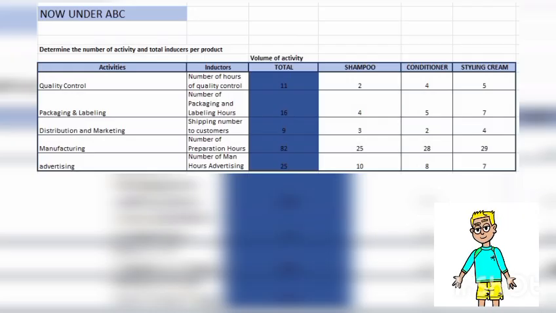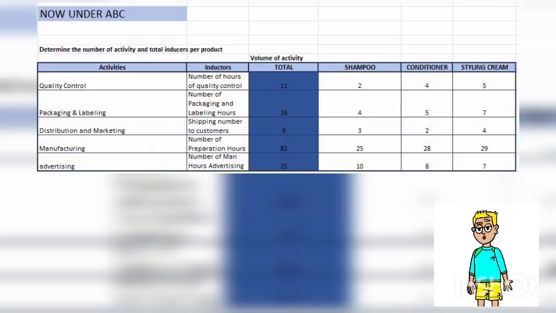Hello, my name is Johan. ABC costing consists of identifying the drivers linked to the activity or product that we are going to carry out. In our case, we will make three products: shampoo, conditioner, and styling cream. Each activity has a number of drivers, identified in the number of hours or number of activities to be carried out, previously identified.